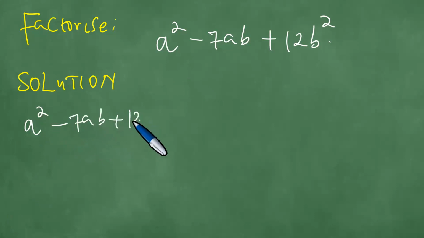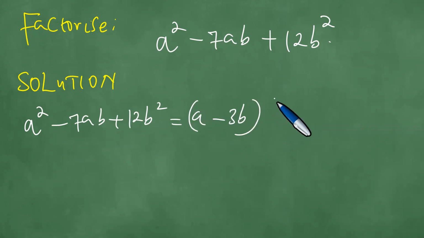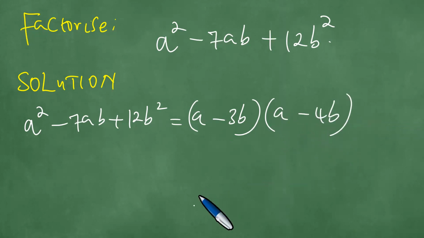Okay, 12b squared. You got a minus what? 3b. Yeah, into a minus 4b. Yes. Excellent stuff.